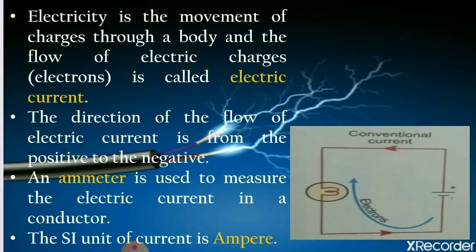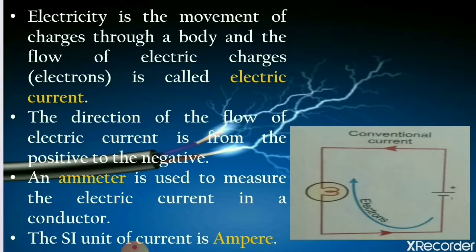So first of all, we should understand what is electricity. Okay, our first question should be, what is charge, means how the charge is generated, how the electric current is generated. So students, we know that all the substances in the world are made up of atoms.